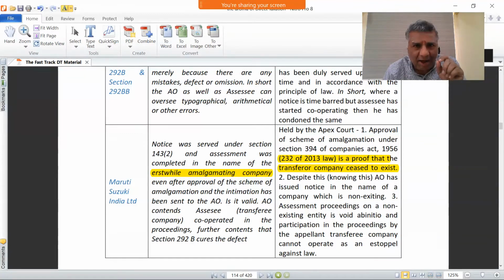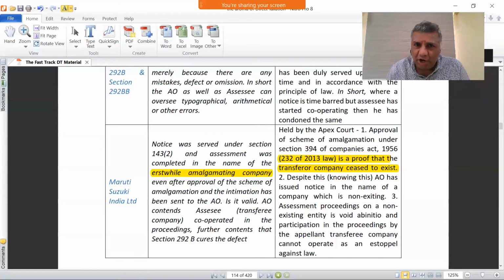So what we have completed: section 139, the various types of returns. Section 140, what we call self-assessment tax, linking of Aadhaar, PAN, signatories, all these things. Section 142, the procedure or process of assessment, which is 6, 3 internal, 3 external.